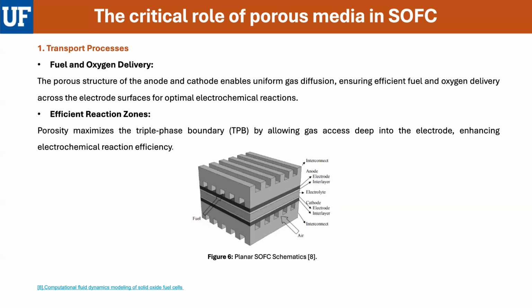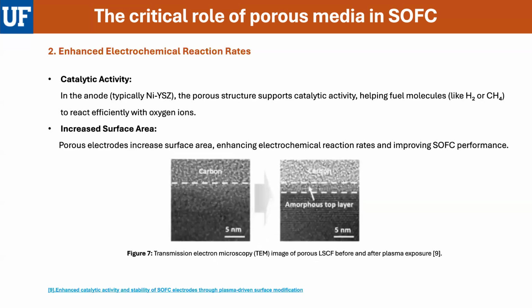Now, going forward to enhanced electrochemical reaction rates, the effect of the porous medium on catalytic activity is that in the anode, the porous structure supports catalytic activity, helping fuel molecules react effectively with the oxide ions. How porous media affects surface area is that it increases the surface area, as we can see in figure 7. Enhanced electrochemical reaction rates in SOFCs depend on improving the active surface area, particularly through porous electrode structures.